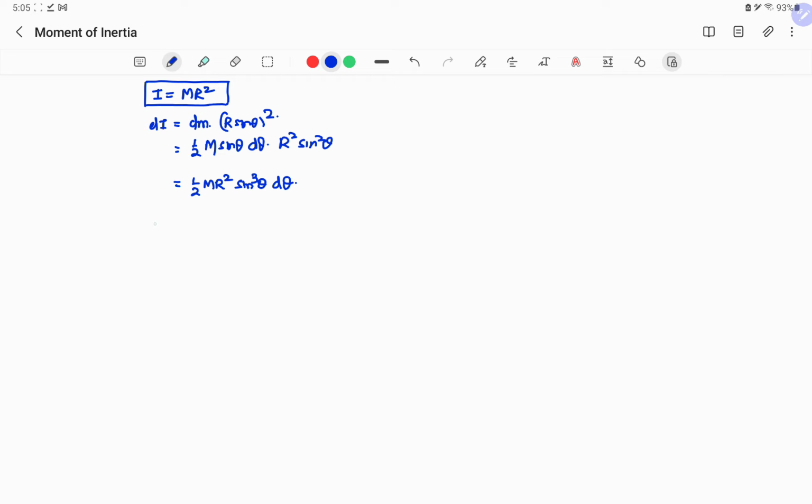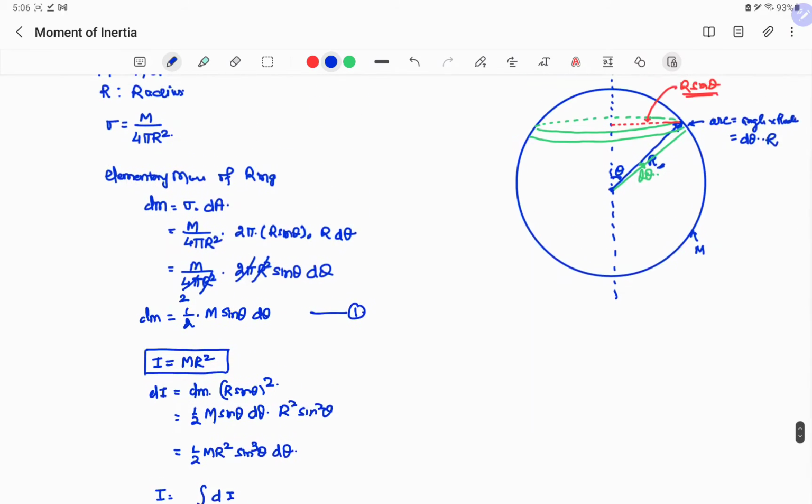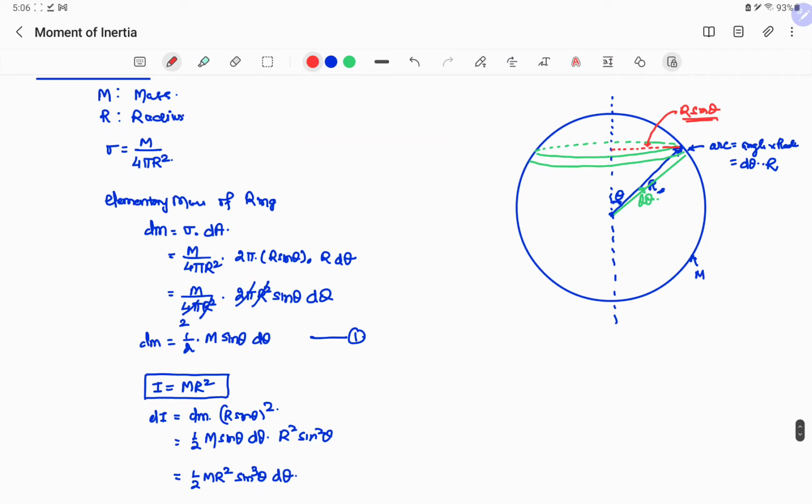We have to find the total moment of inertia. So total moment of inertia is the integral of dI, that is equal to integral of 1 by 2 m r square sine cube theta d theta, where theta goes from 0 to pi, which we can see in the figure. Here for the vertical axis theta is equal to 0, and for the opposite axis theta will be equal to pi, and integration from theta equal to 0 to pi will cover the total hollow sphere.